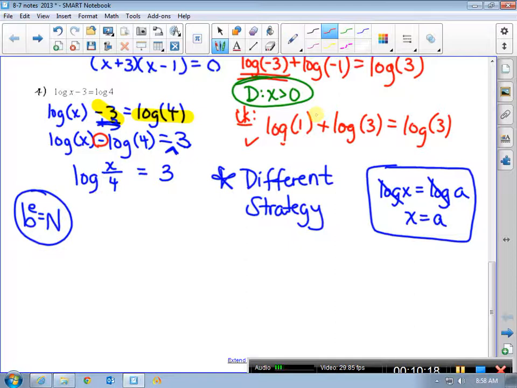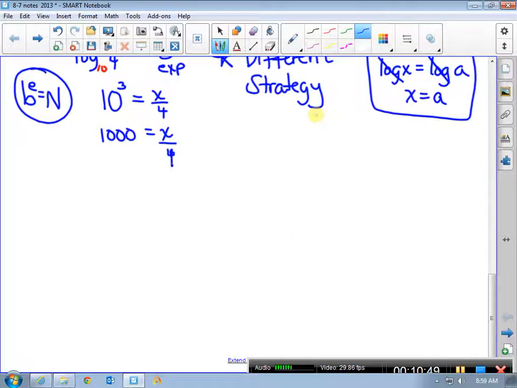So, common logarithms are base 10. That is our base. Logs equal the exponent, so 3 is the exponent. And base to the exponent equals the number. So base to the exponent equals x over 4. So we have 1,000 equals x over 4. And cross multiplying, we end up with x is 4,000.